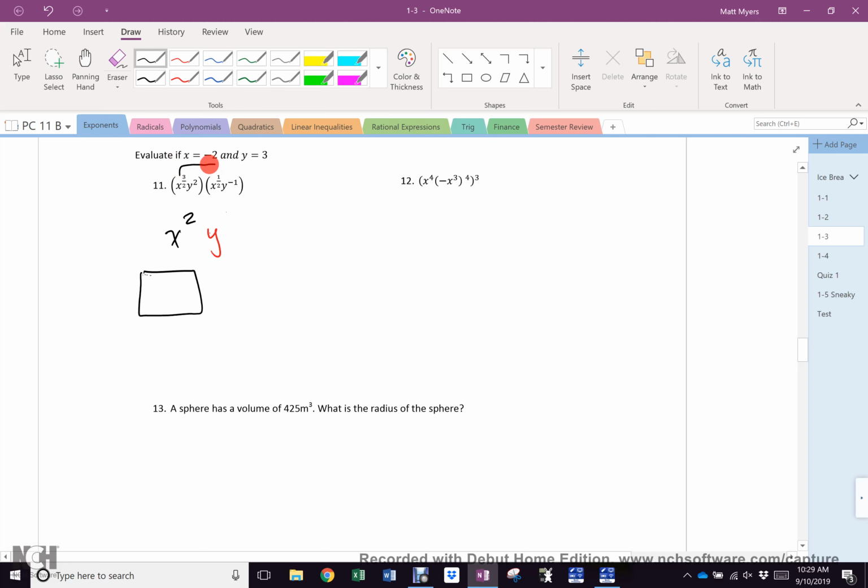I put the x with the x. 3/2 and 1/2 gets me 4 over 2, which is 2, right? And then I did the 2 and -1, which gets me 1. So you don't need to do the x with the y? No, because they're different bases, right? X and y can't work together because they're different bases.